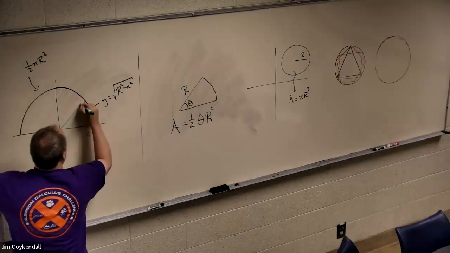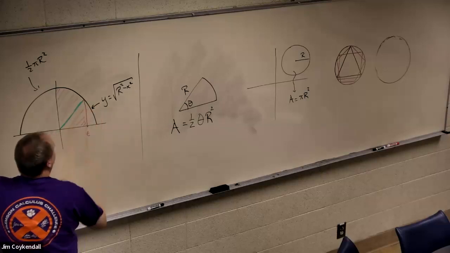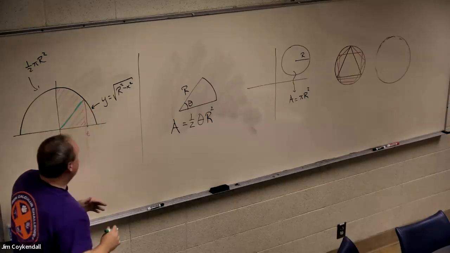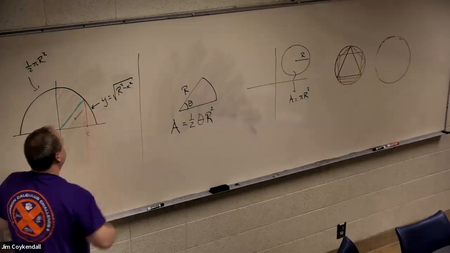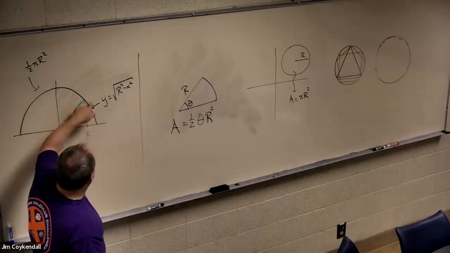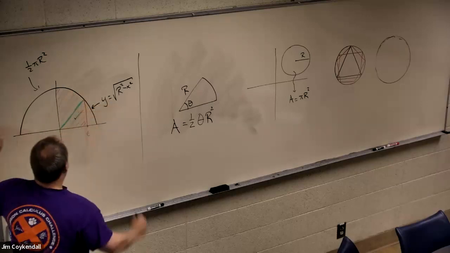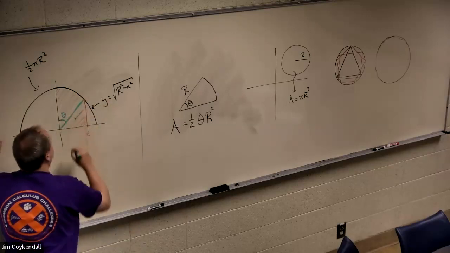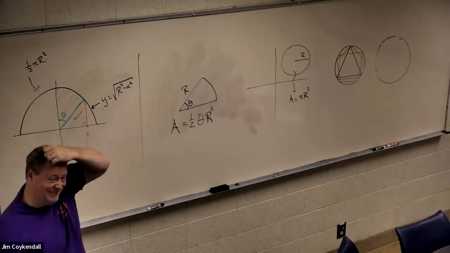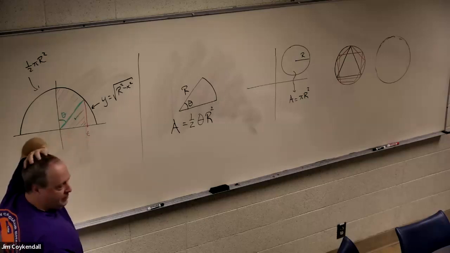Most excellent. If I do that, I have a triangle that I can figure out because I know the x coordinate is t and the y coordinate is whatever you plug into this formula, right? And then I have this angle here, theta. Ooh, that's my problem. How do I measure that?